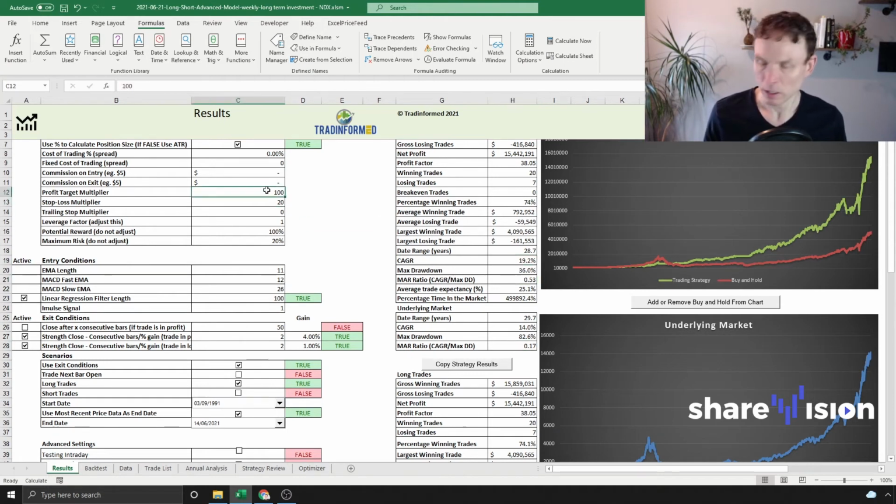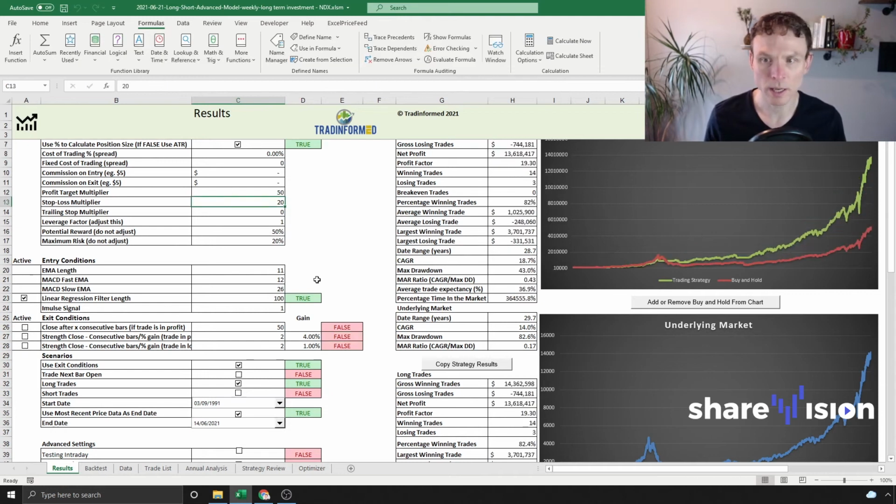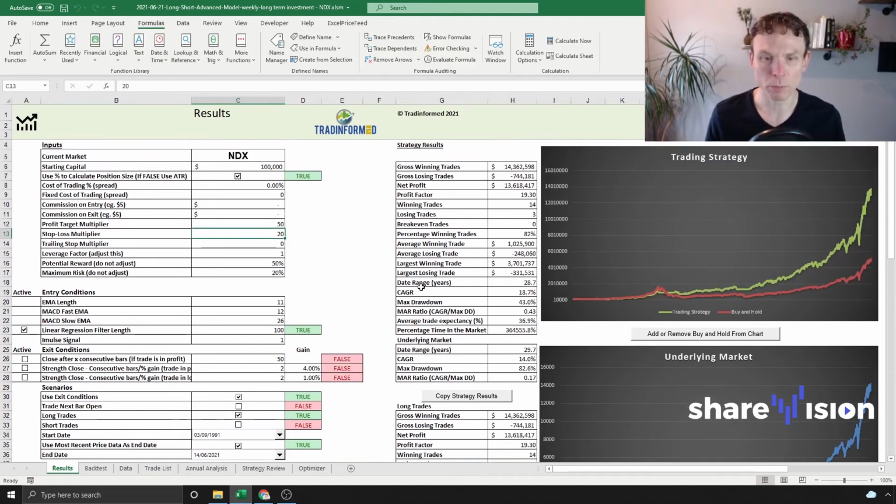There's lots of different scenarios that this strategy will work. Taking out these strength closes here, we can see it works pretty well on its own, and it's got a good high MAR ratio.